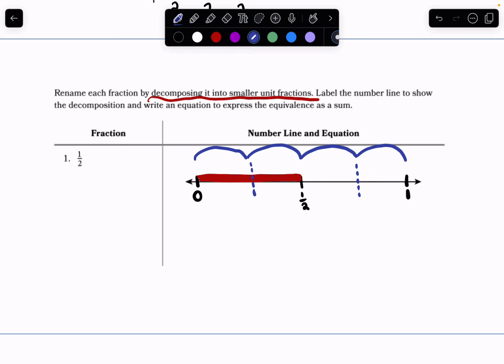Now the 1/2 that was shaded in from 0 to 1/2 is split in half again, and we can relabel those pieces as new unit fractions. So now that our purple has split our number line into 4 parts, the new unit fraction is 1/4. Each of those little bumps split up by my new purple lines are 1/4, 1/4, and 1/4.